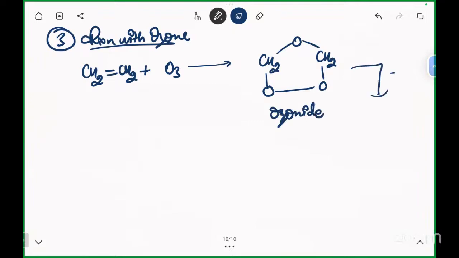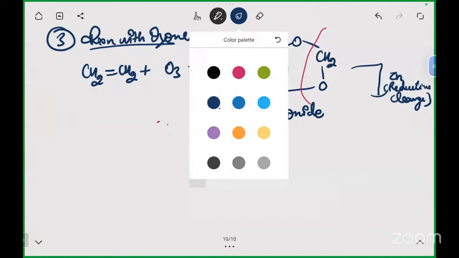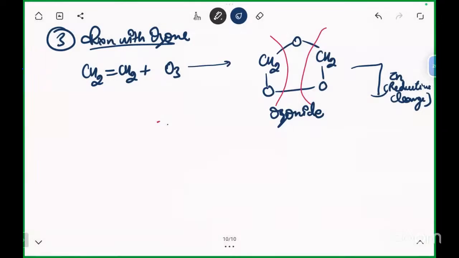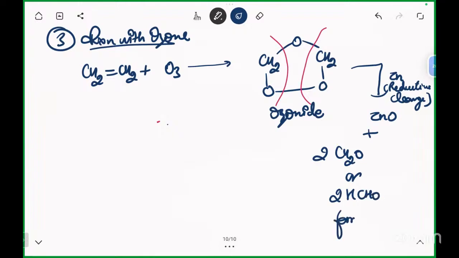In the presence of zinc, it will undergo reductive cleavage, in such a way that this bond will break like this, and zinc will take the middle oxygen and give out zinc oxide. Along with it, it forms 2 molecules of HCHO, which is known as formaldehyde. This is again most important in ethene.